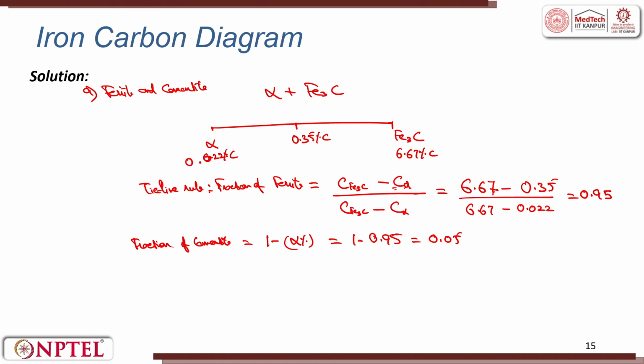Or we can also calculate the fraction of cementite using the tie line rule, as 0.35 minus 0.022 over 6.67 minus 0.022. This will also give me 0.05.